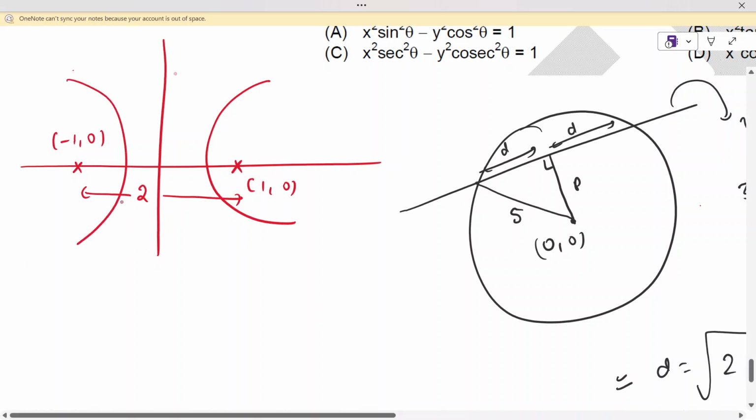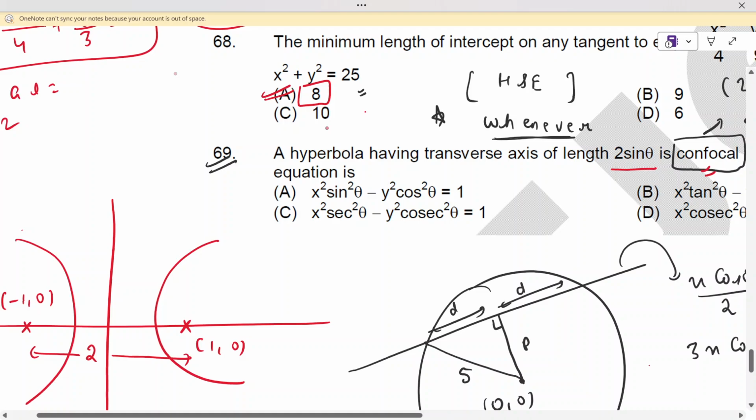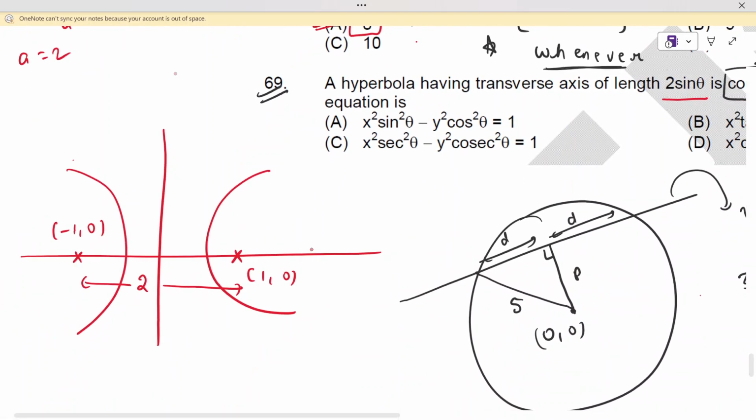And the transverse axis length is 2a. This length is 2 sin theta. Fine. This axis is called what? And let's say the hyperbola equation is x square by a square minus y square by b square equal to 1. Got it? So to solve for a and b.